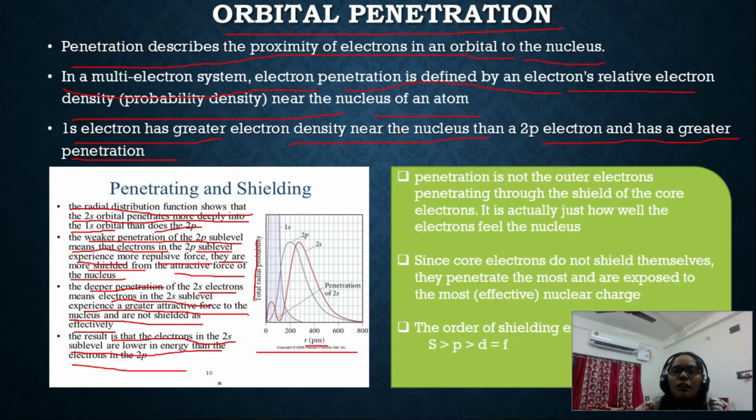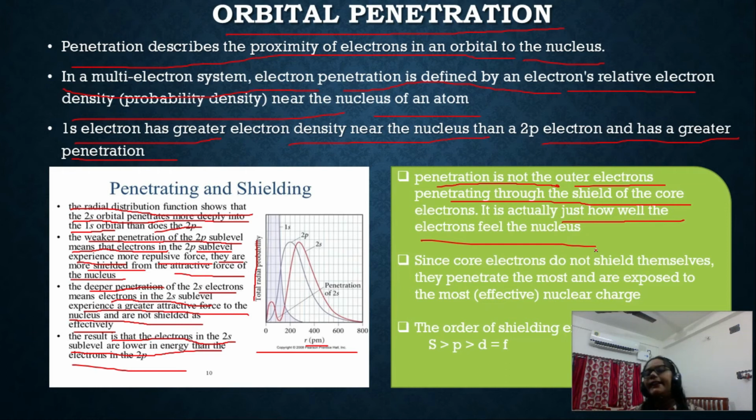Penetration is not the outer electron penetrating through the shield of the core electrons, that the outer orbital electron is shielded by the inner orbital electron. That is not the penetration. Penetration mainly means how close those orbital electrons are to the nucleus, how much they are interacting with the nucleus.